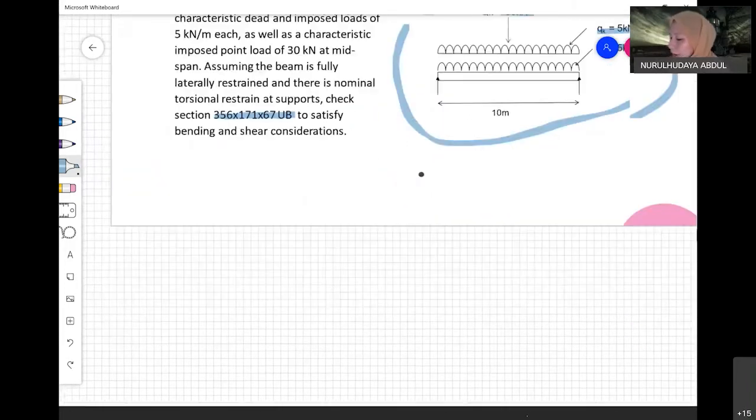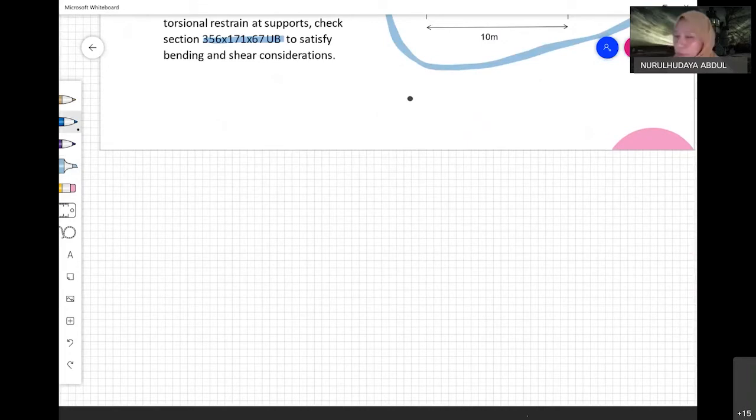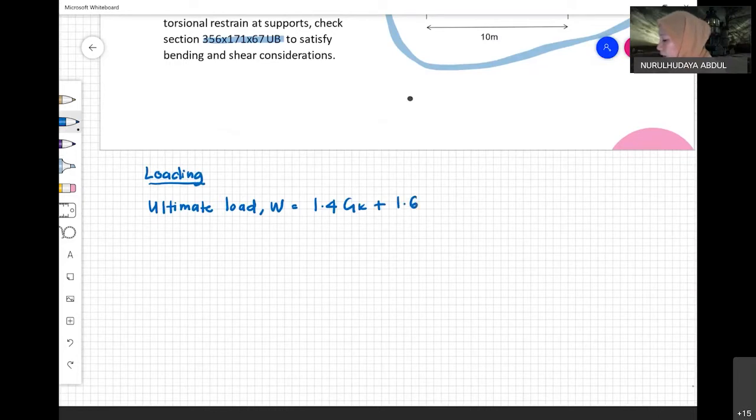To check it first, as usual, cara macam biasalah, kita kena kira loading yang 1.4 GK. Macam mana pun we will start with loading. So loading, we have the formula of ultimate load equal to 1.4 GK plus 1.6 QK.